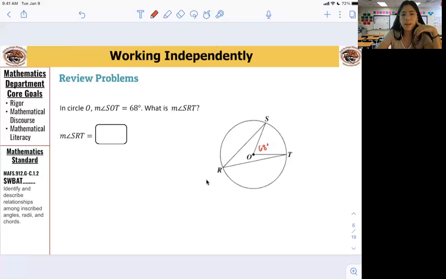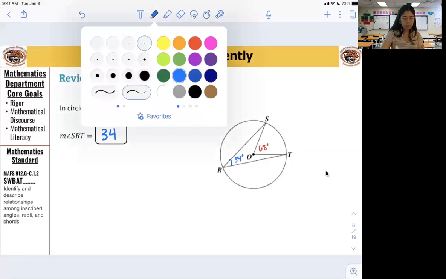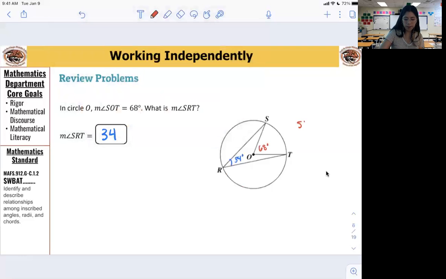What would be SRT? 34. You got it. 34 degrees. And how much is arc ST, by the way? Also 68. Good.